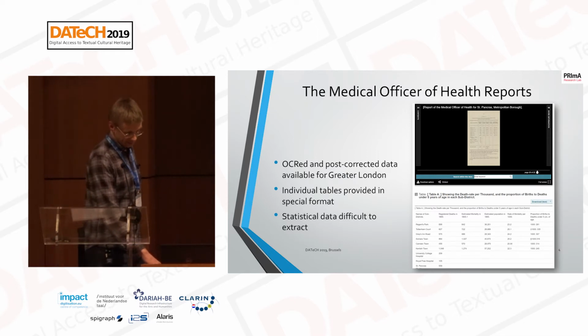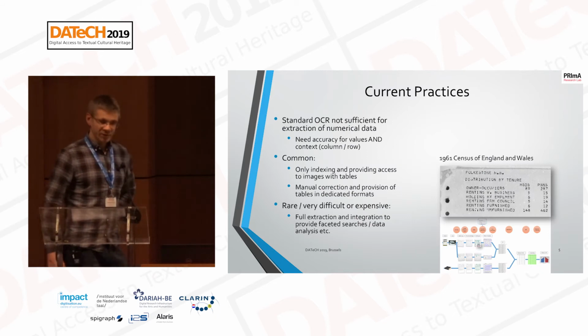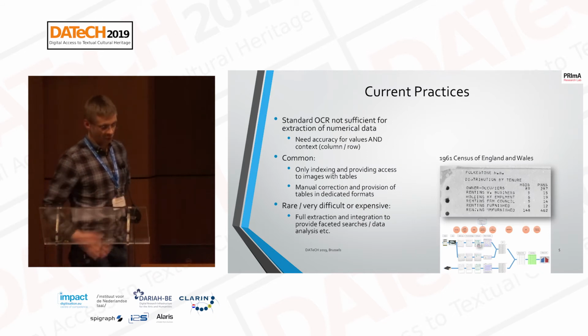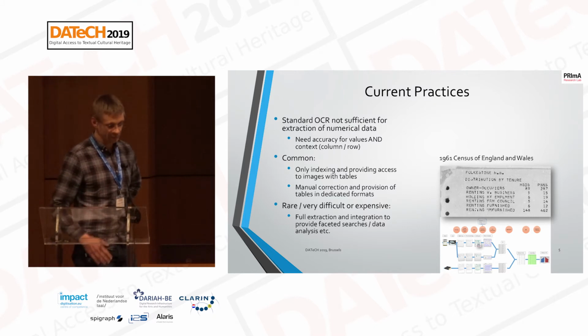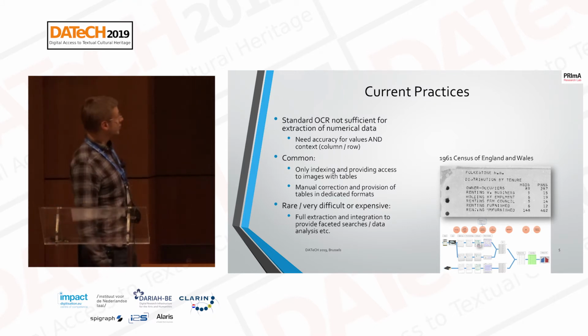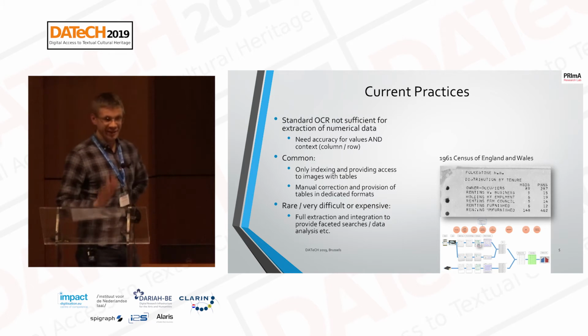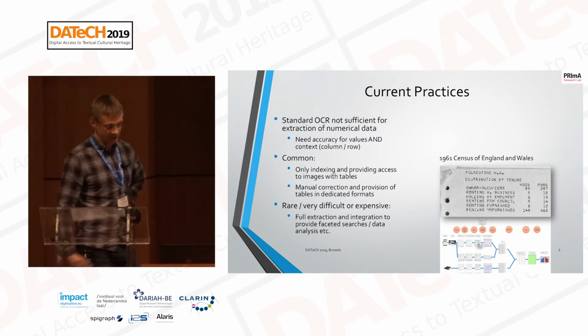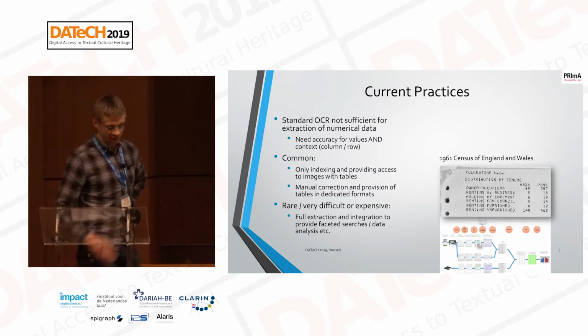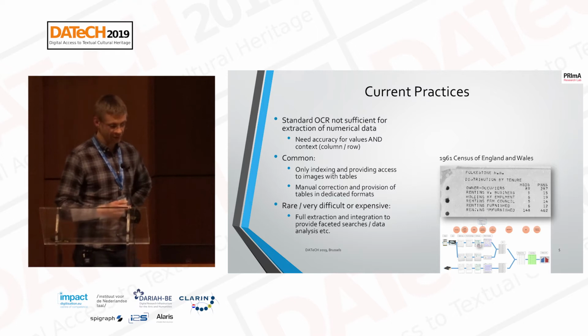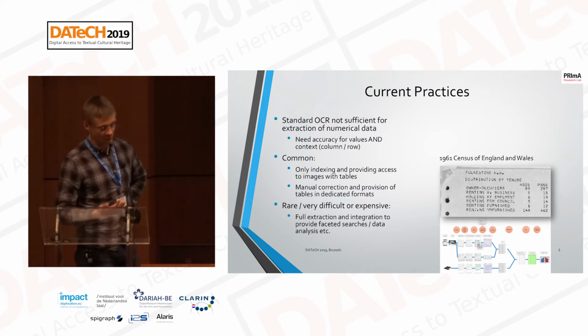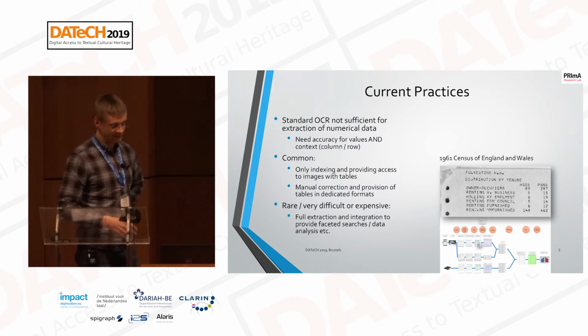Maybe very quickly, there's a bit more about that in the paper, about current practices regarding tabular data. Of course you can guess that standard OCR is not good enough for this task. You need accuracy for the characters, the actual values, but also the context: the rows and the columns, the exact location, and what the meaning of this table cell is.